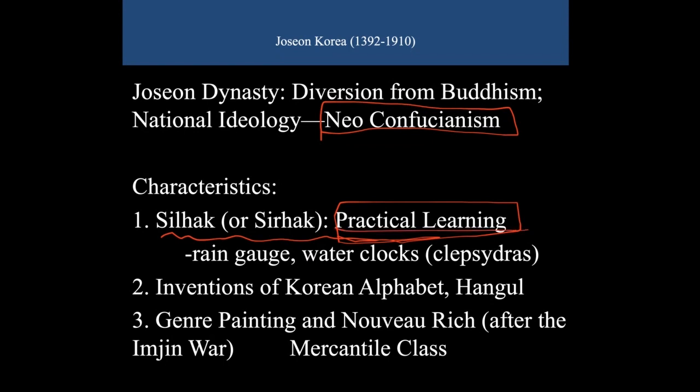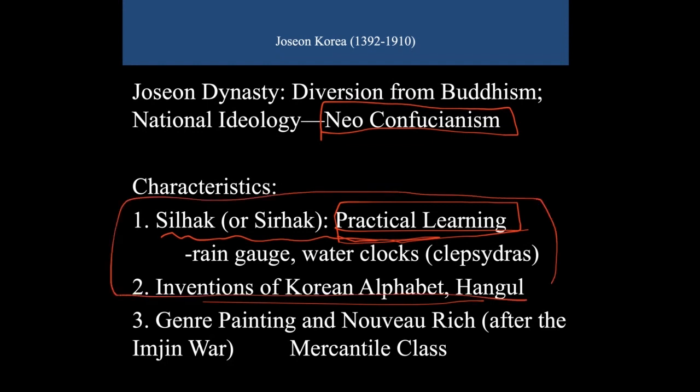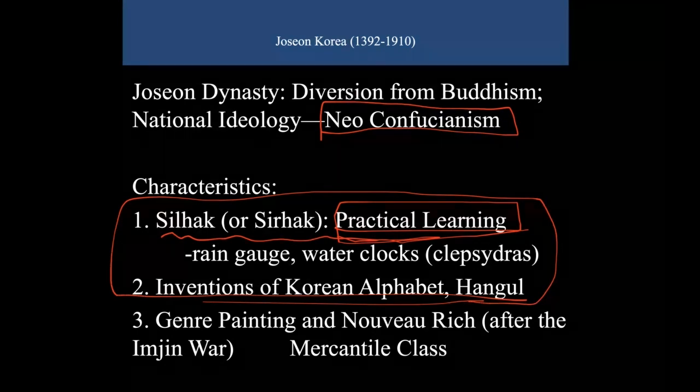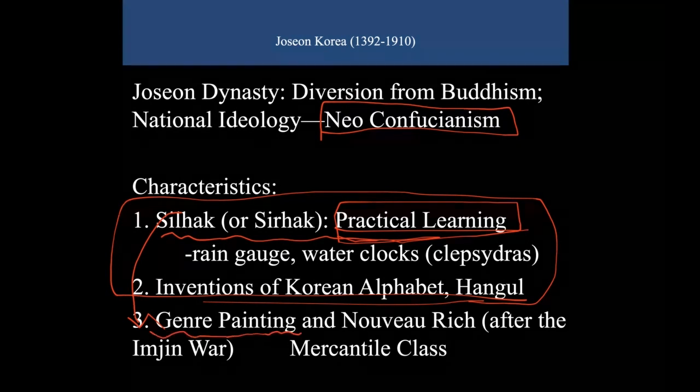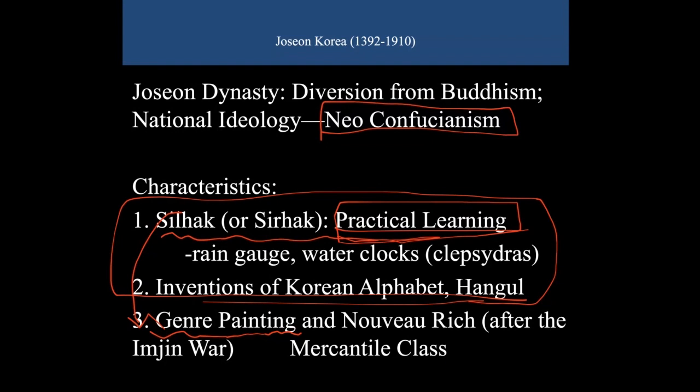And then the invention of the Korean alphabet. So both of them were taking place in the early Joseon Dynasty. And then that practical learning continues to the late Joseon Dynasty. And then they influence the rise of new subject matter, that is painting of everyday life. And then you are going to see the rise of the mercantile class.